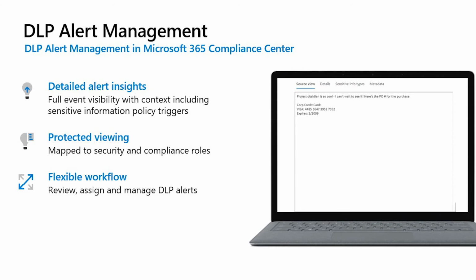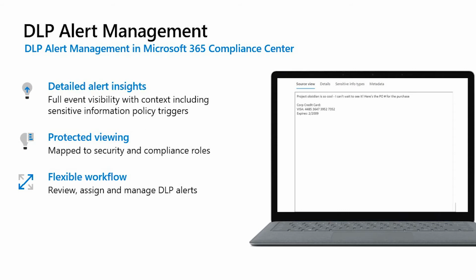The other capabilities include user attributes like manager, department, and so forth, rich filters, and even better exports. Some of the DLP alerts can contain very sensitive or privileged information, so the alert management view also provides a protected or restricted viewing capability so that only approved roles have access to this data.